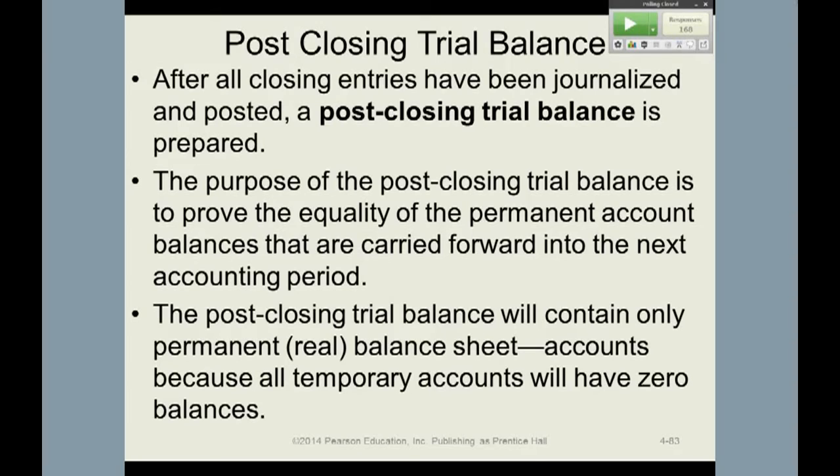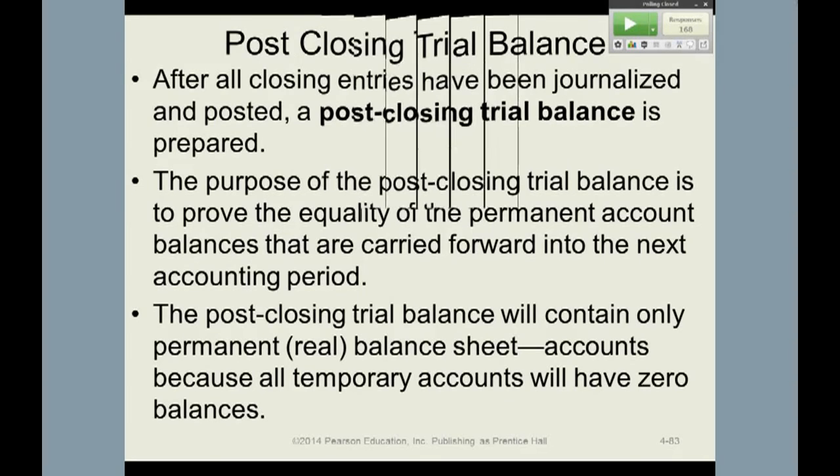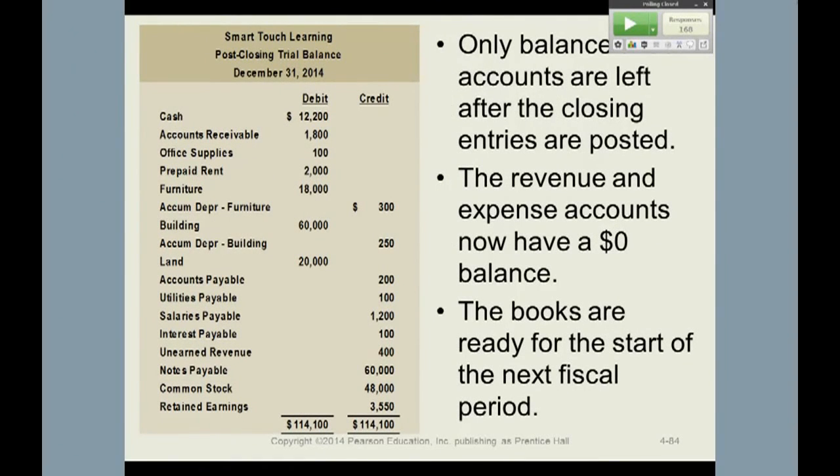And on the next slide, which you can just look at briefly, the only accounts that should be left over and starting the next period are going to be the balance sheet accounts. So at the end of the closing process, after you do the worksheet, after you have all the entries journalized and posted, you're going to wind up with a post-closing trial balance that ensures not accuracy, but it ensures that debits will equal credits.